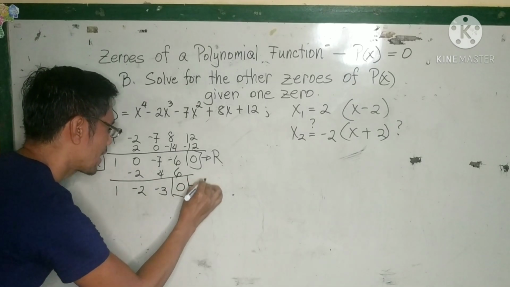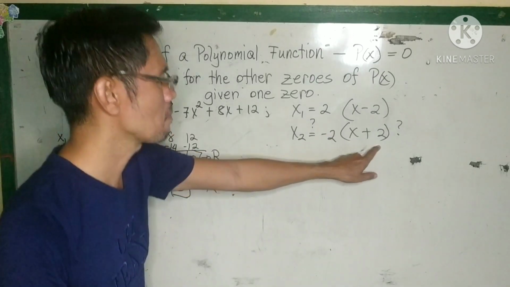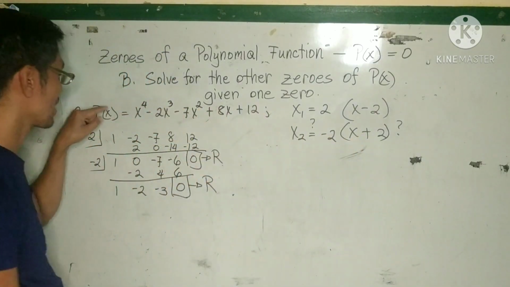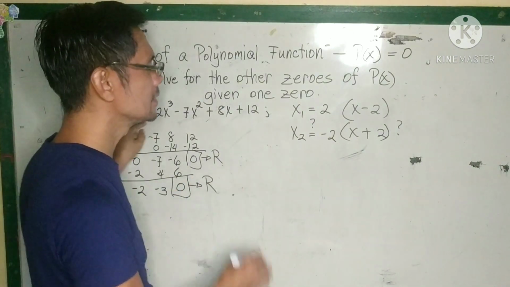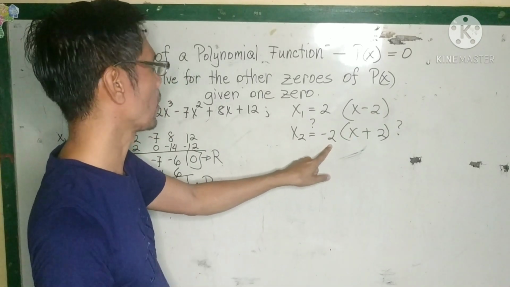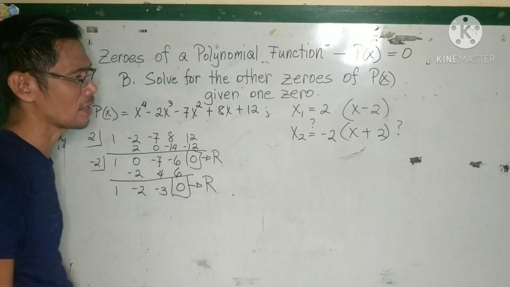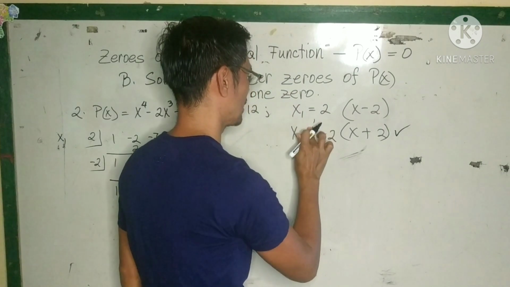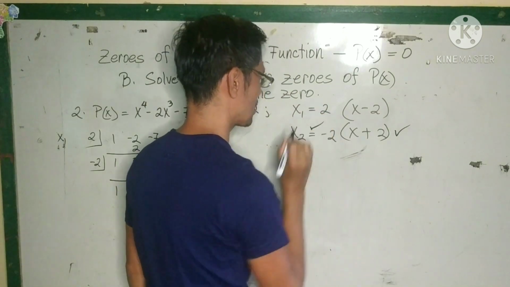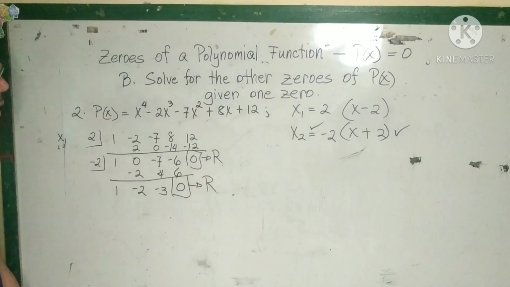So since the remainder is equal to 0, therefore x plus 2 is a factor of the given p of x. And negative 2 is a root of the given p of x. So it's checked, it's a factor. So negative 2 is also a root. So we have already two roots or zeros.